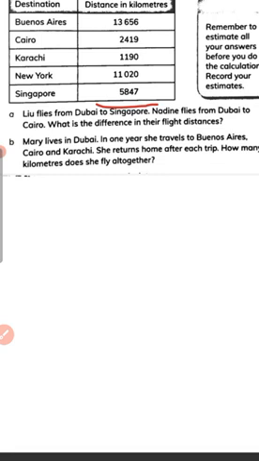5,847 kilometers. Here we are finding the difference in their flight distances. Okay. Then Nadine flies from Dubai to Cairo. The distance is 2,490.